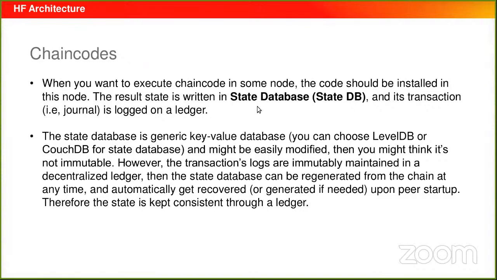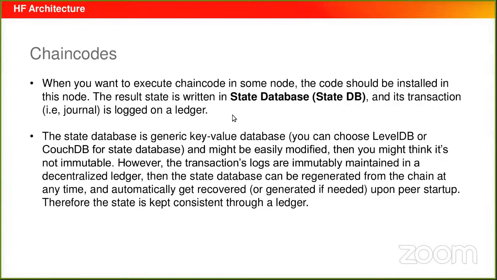When you want to execute chaincode on a node, the code should be installed on that node. Again, if you're a Fabric developer, you might say, okay, it's obvious, I know that. What's the big deal? The resulting state is written in the state database, and its transactions are logged on the ledger. So let me simplify what it says.